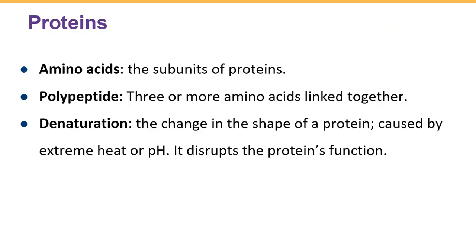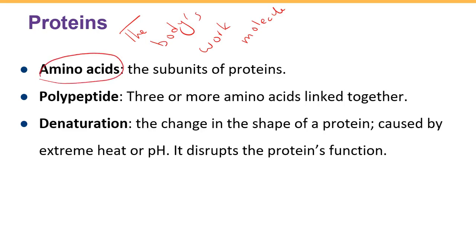Now let's talk about proteins. Proteins are another macromolecule, which we can call the body's work molecule. Proteins are made up of amino acids. Amino acids are the building blocks or monomers for proteins. When three or more amino acids join together, they form a polypeptide.